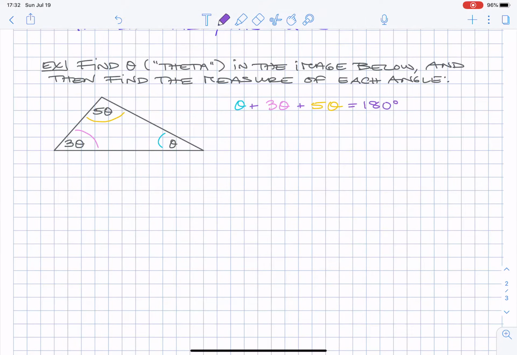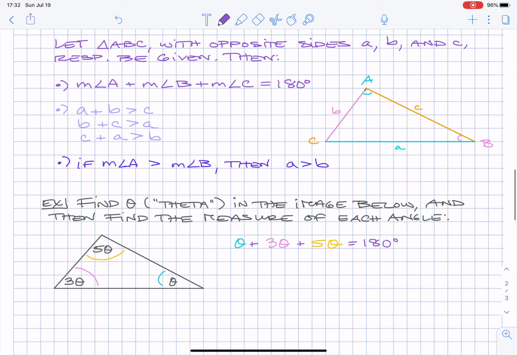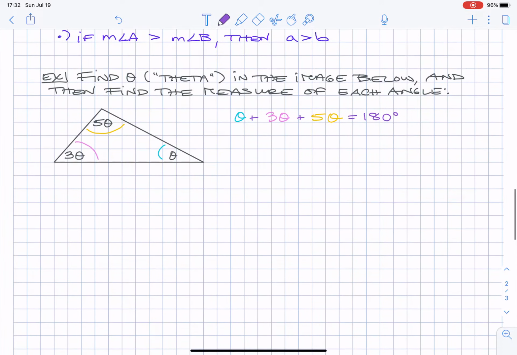Because it's interior to a triangle, and that is the first property here. So 1 theta plus 3 theta plus 5 theta is 9 thetas, right? So I have 9 thetas is 180 degrees. So if I divide both sides by 9, 9 goes into 18 twice, so theta is 20 degrees.